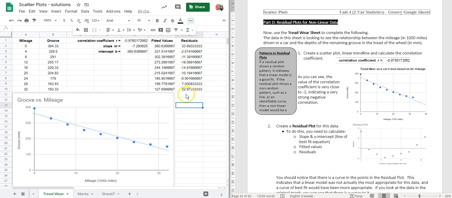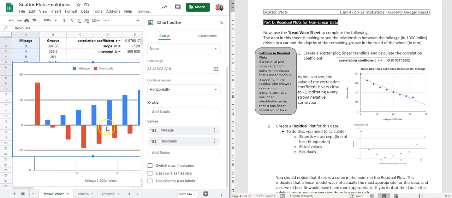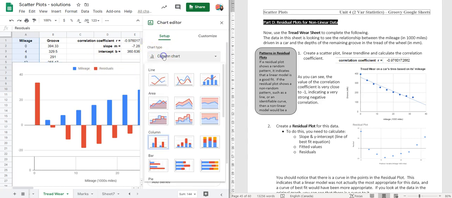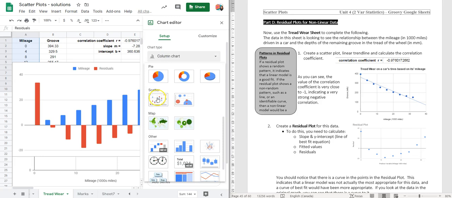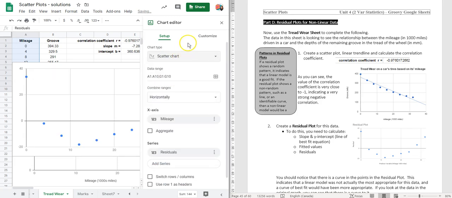So to make a residual plot, we're going to do the mileage and the residuals. Insert chart. It's not going to know that you want a scatter plot, usually when the two columns aren't side by side. So under chart type, we're going to pick scatter. And let's label it.